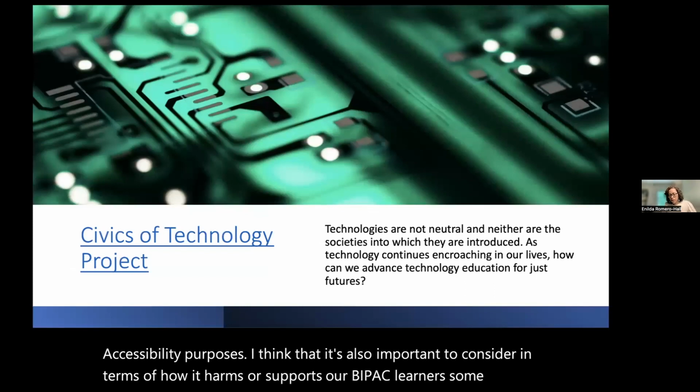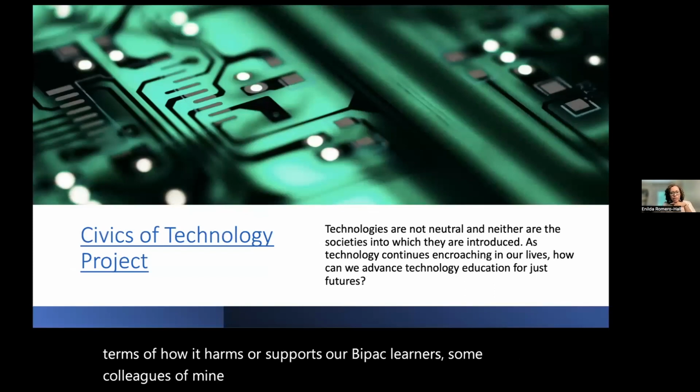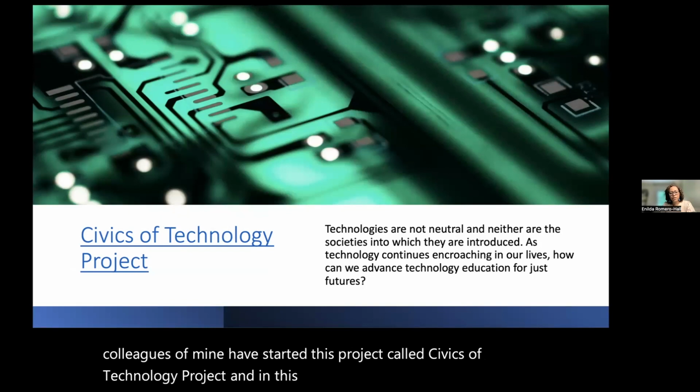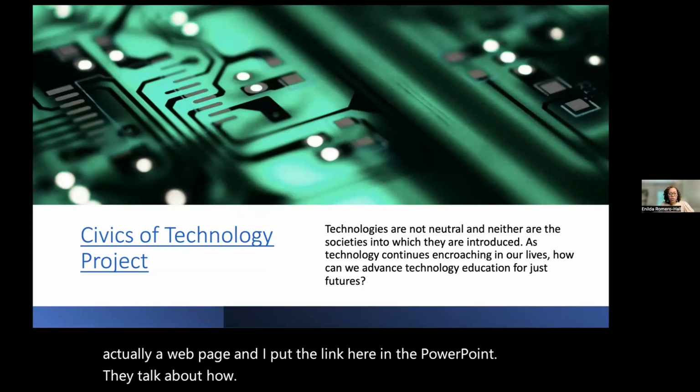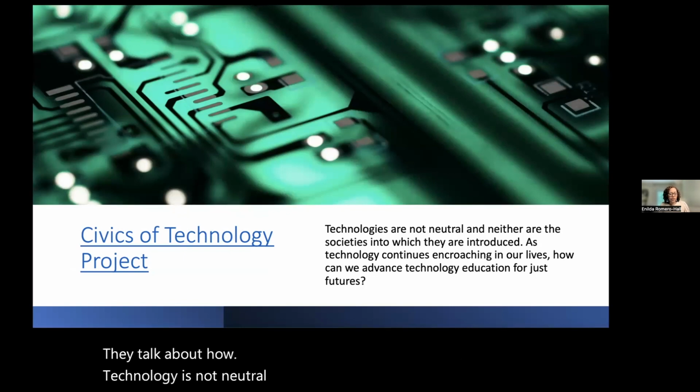Some colleagues of mine have started this project called the Civics of Technology Project. And as part of this project, there's actually a web page, and I put the link here in the PowerPoint. They talk about how technology is not neutral, and neither are the societies in which we introduce them.